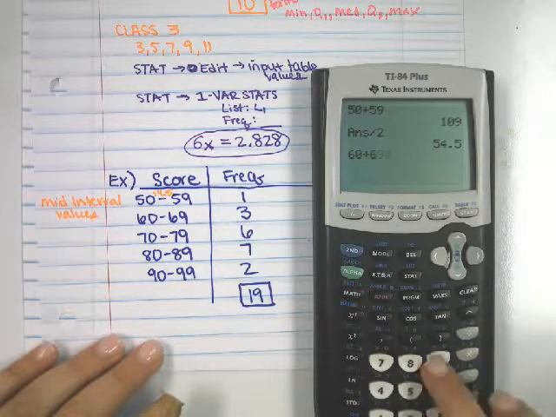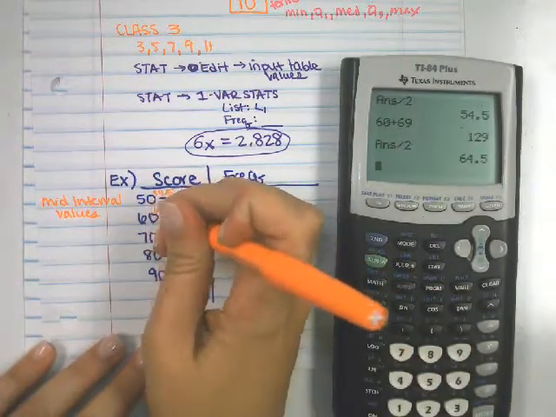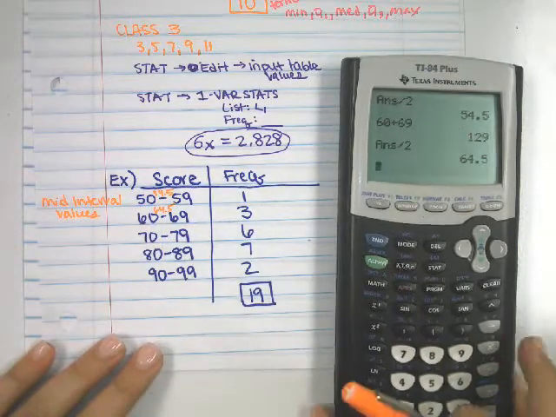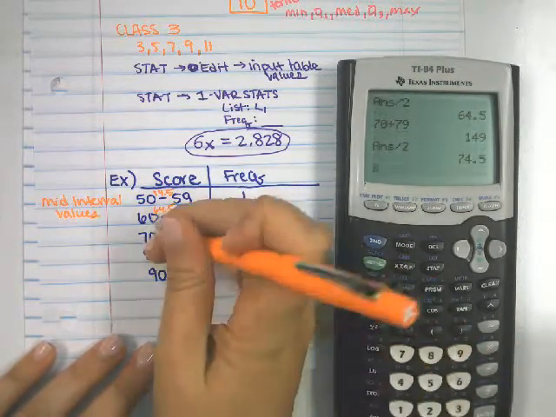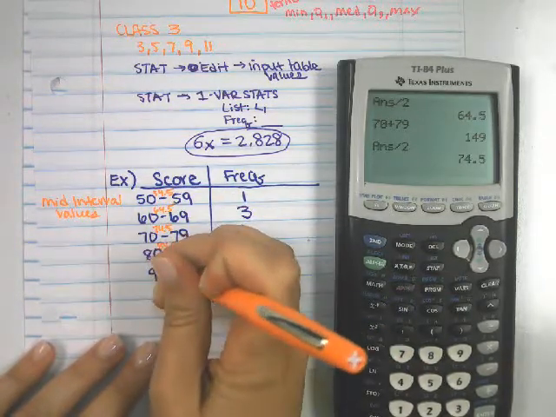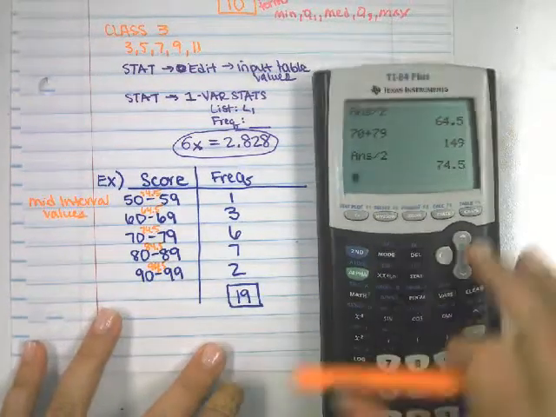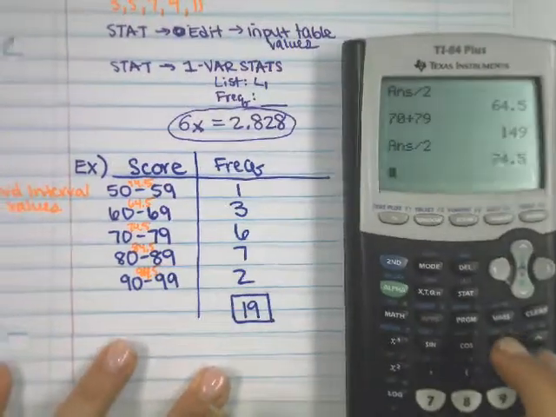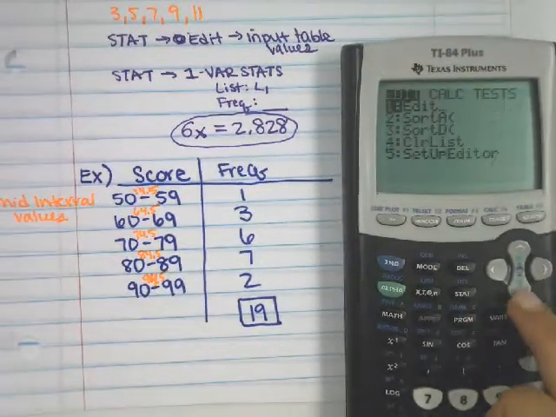If you do the same thing with 60 and 69 divided by 2, you should get 64.5. And the pattern continues. Between 70 and 79, you get 74.5, 84.5, 94.5. And those are the values we tell our calculator because we don't have the exact numbers, we have to estimate using mid-interval values.